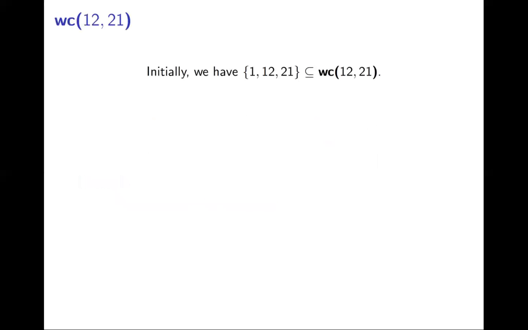Okay. So now that we know what inflations are, we can start building elements in the Reed closure. So initially, we know that 1, 1, 2, and 2, 1 are all elements in the Reed closure of 1, 2, and 2, 1. That's just given. And we're going to generate elements of length 3 by inflating permutations in this set by other permutations in this set.